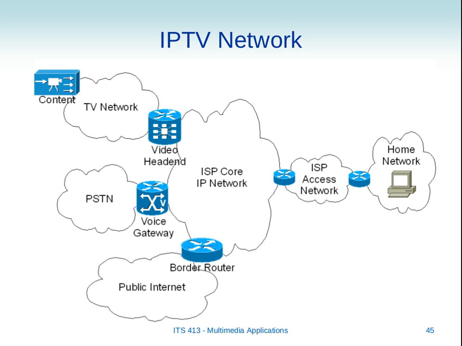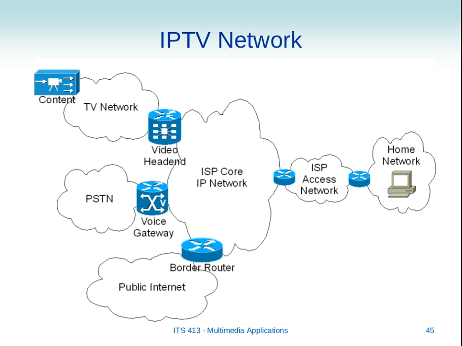That's a problem, because if we want to deliver the same quality as we get over the normal TV network, we shouldn't allow too many packets to be dropped. So that's where we need quality of service inside here to give priority to different applications. Higher priority to video and voice, lower priority to web traffic, for example.